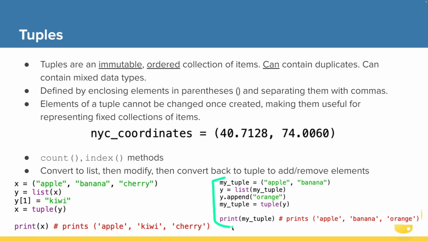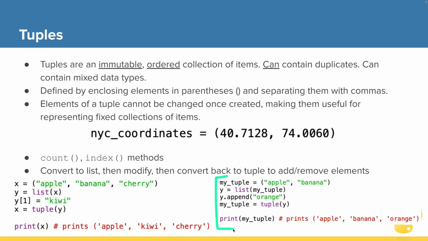On the left, we've got our tuple, apple, banana, cherry. We typecast that to a list, and we assign that to the y variable. Then we say, okay, the index position 1, change that to kiwi, and then convert it back to a tuple and print that, and it prints apple, kiwi, cherry instead of apple, banana, cherry.